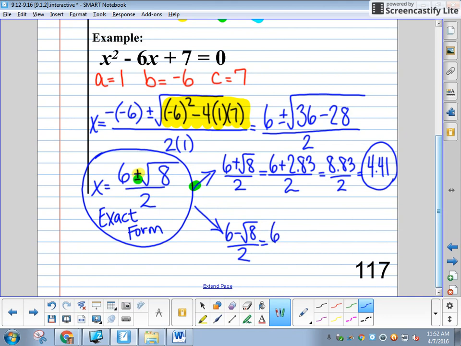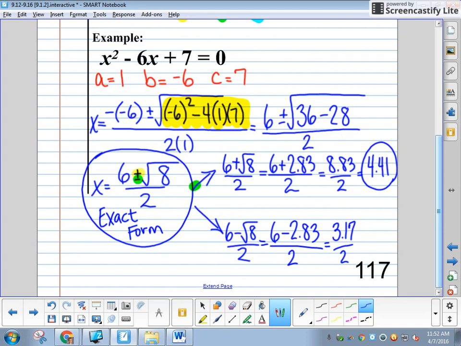Or I can do 6 minus the square root of 8. So 6 minus 2.83, since 2.83 is the square root of 8, divided by 2. And if I do that, I get 6 minus 2.83 is 3.17. Divided by 2.